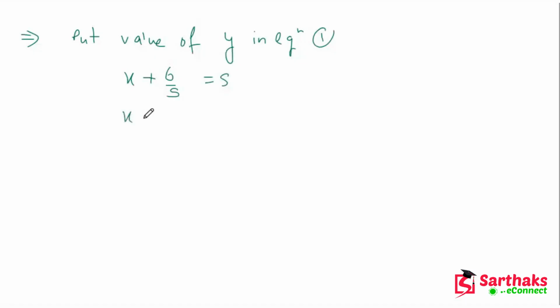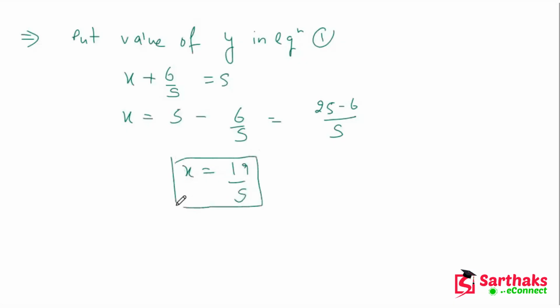Now x equals 5 minus 6 upon 5. If we take the LCM, it becomes 25 minus 6 upon 5. Then the value of x is 19 upon 5. So the value of x is 19 upon 5. Okay, so this is our answer.